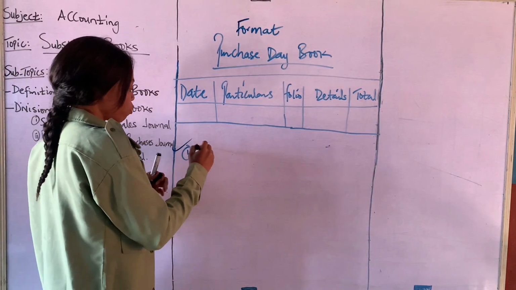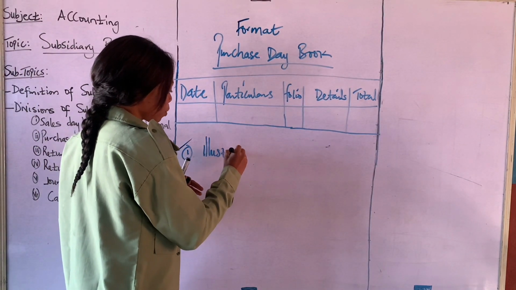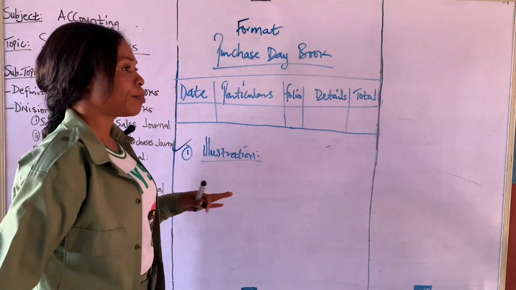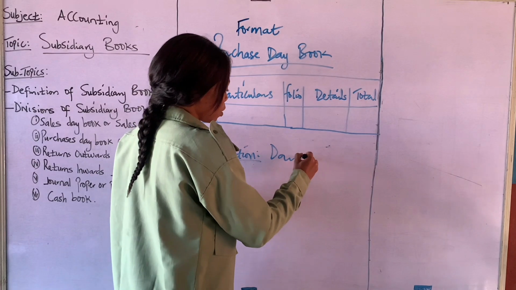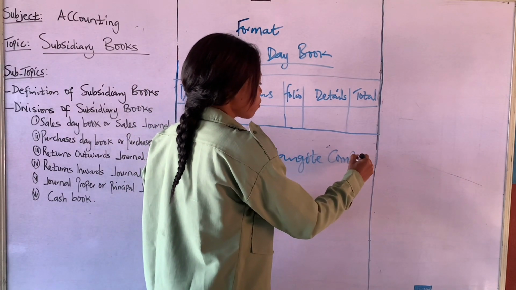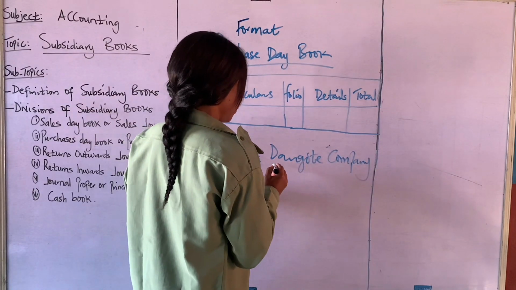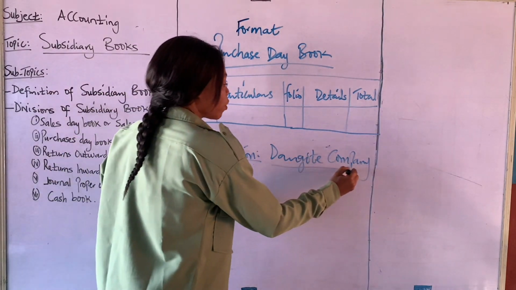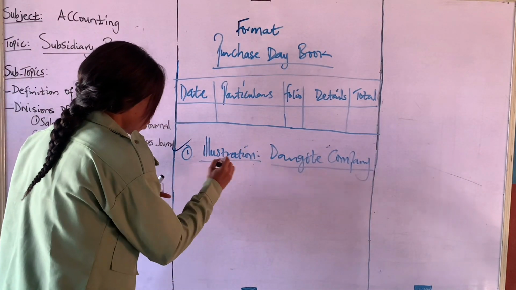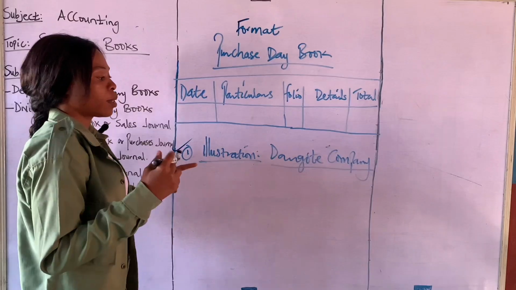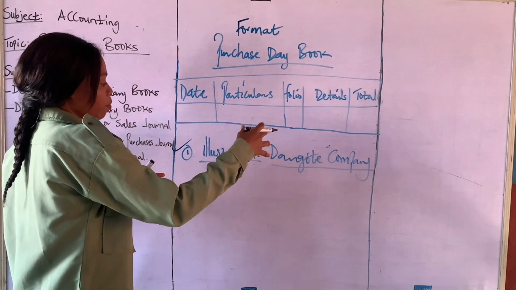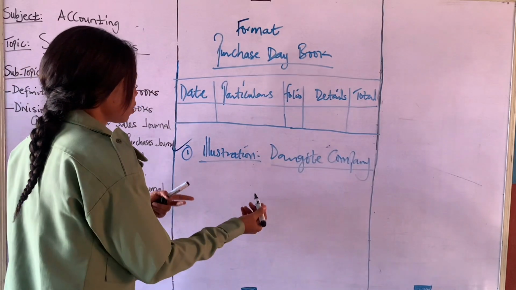Let's look at one illustration. Just one. Okay, let's look at this company's name, Dangote. Let's use the Dangote company. We are so familiar with it. Let's use it for our illustration. This is the name of the company we are looking at. So let's assume we normally make some purchases from suppliers, maybe two suppliers.